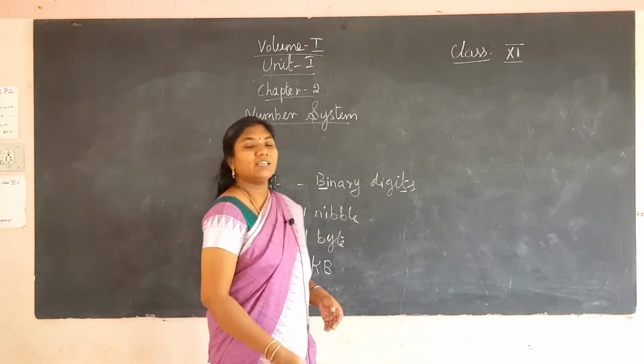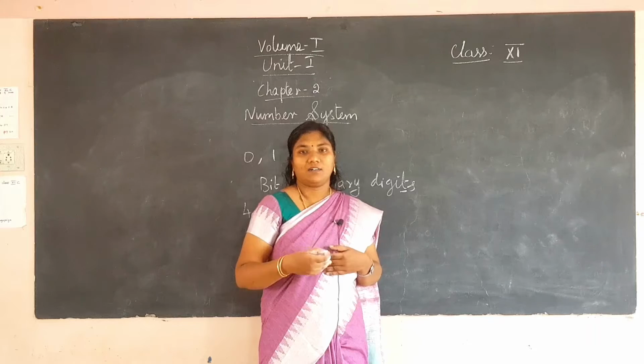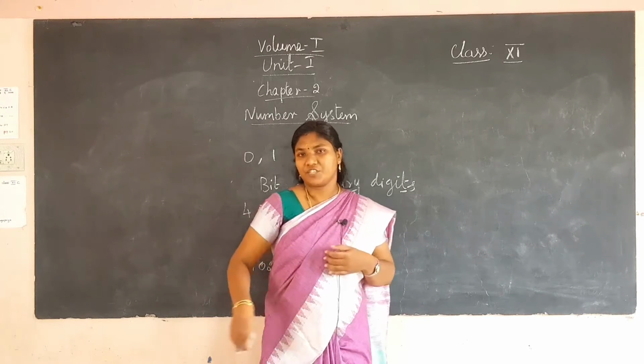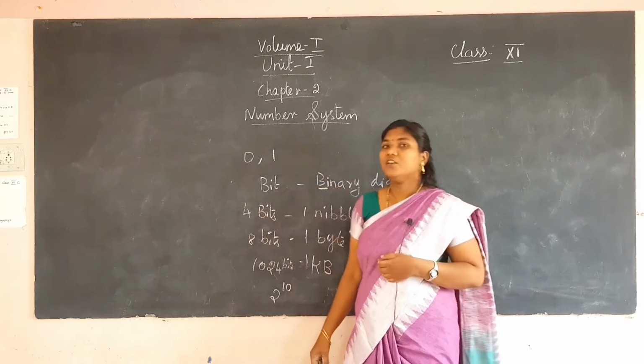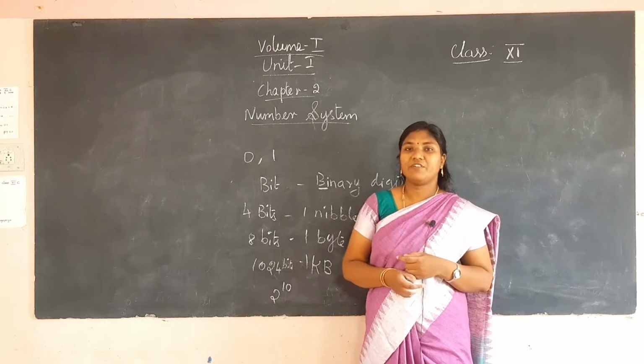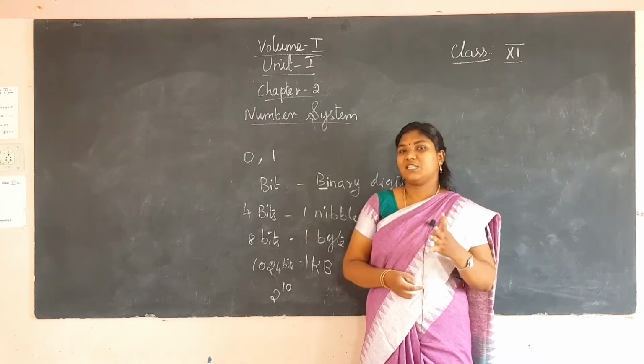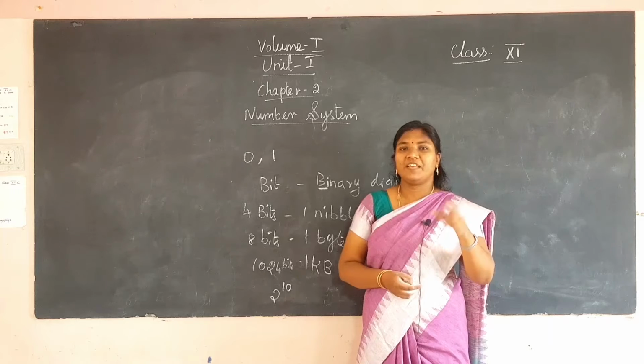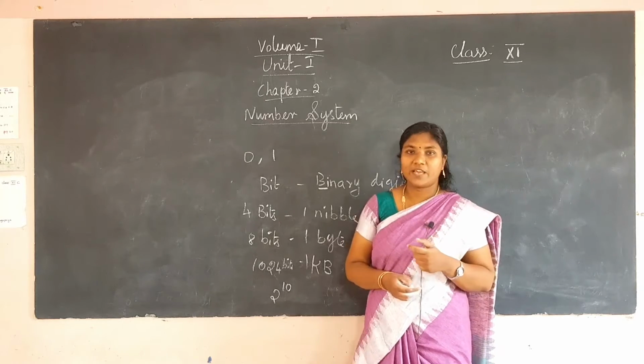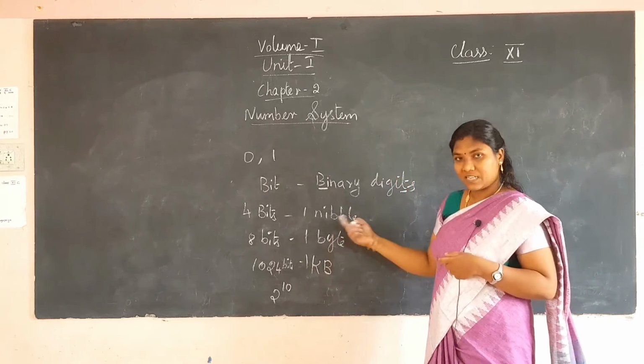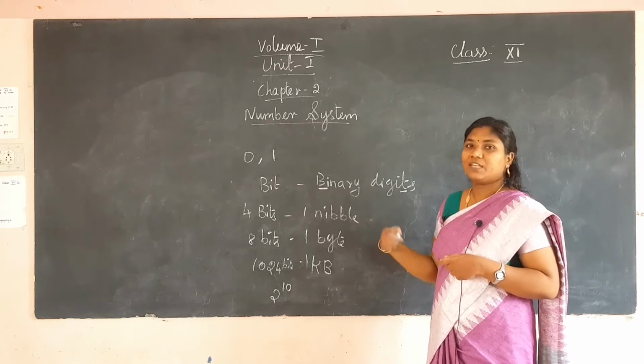In the same way, there are many larger units for bytes. When you use a pen drive, you say it is a 4 GB pen drive or 6 GB pen drive. What does GB mean? That is gigabyte. So kilobyte, next comes the megabyte, and next the gigabyte.